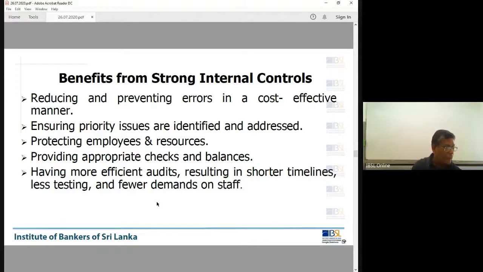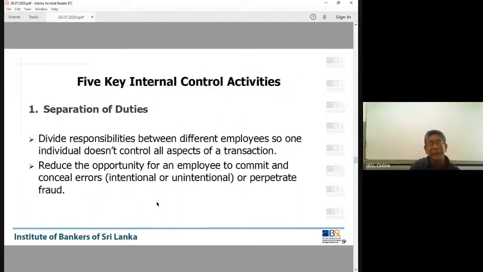Now we are going to look at some key internal control activities organizations do. One is separation of duties. That is why, when you go to an organization with a hierarchy, the HR department will give you a job description.